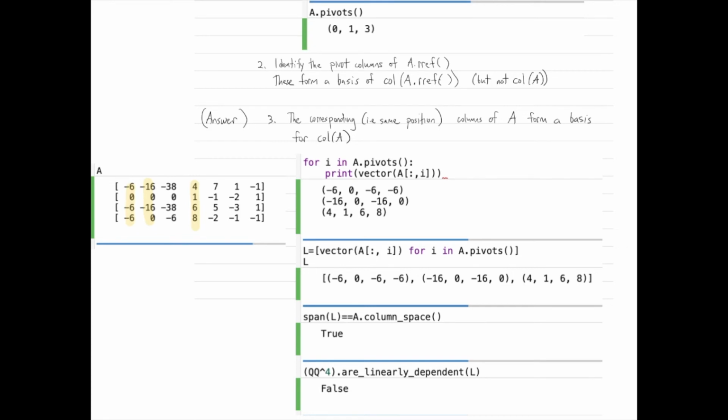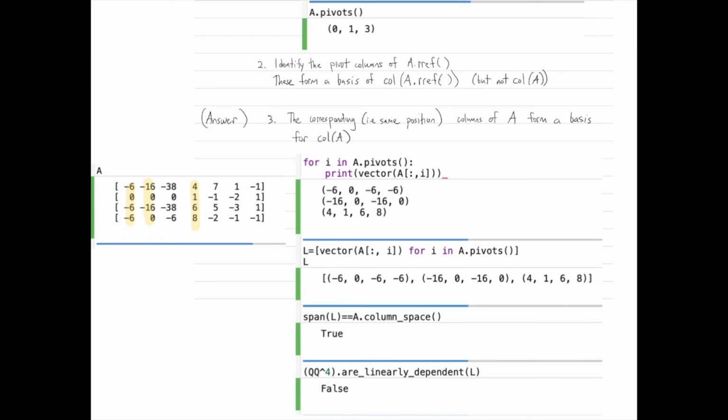Let's ask Sage to check this. So here is the command: take this matrix A, and for i in A.pivots, so i being 0, 1, and 3, let's print A's column i. So an arbitrary row, comma, column 0, column 1, column 3. So with i in position 0, that's this thing here. So that's why the first output is the first column.